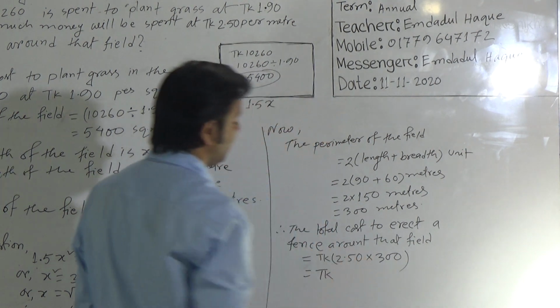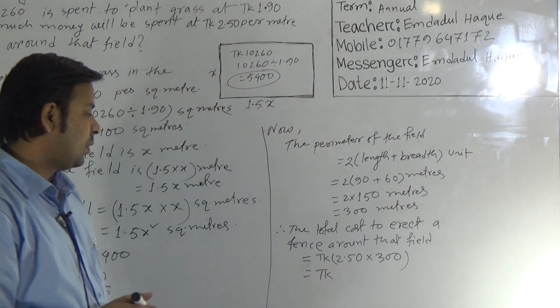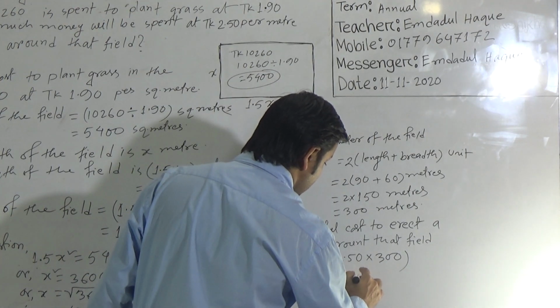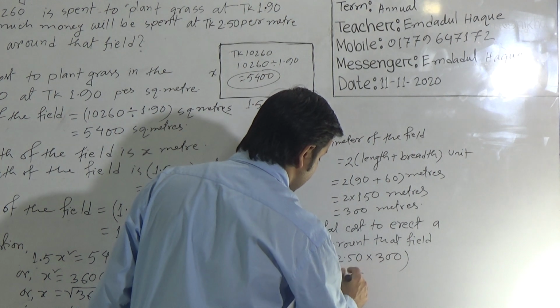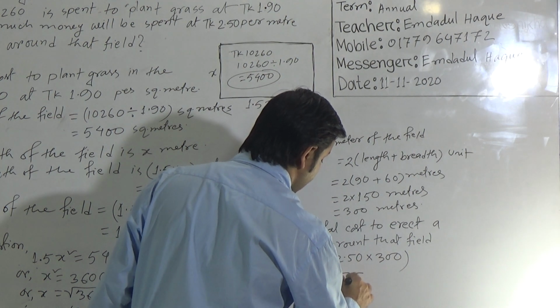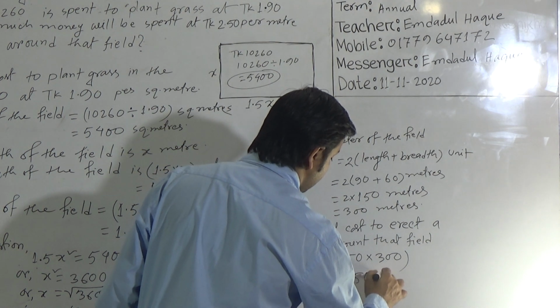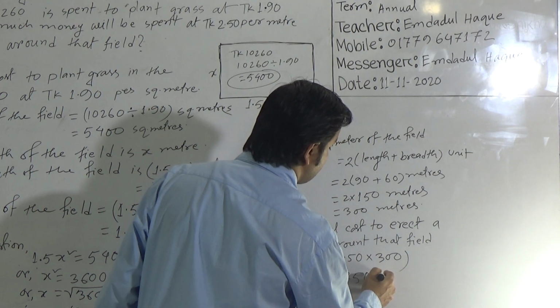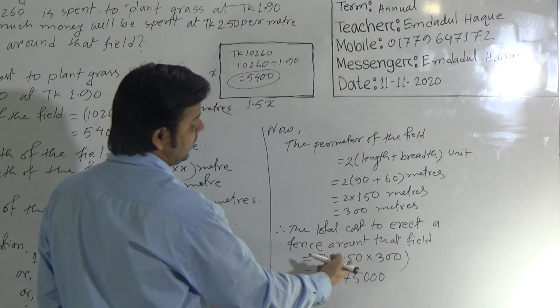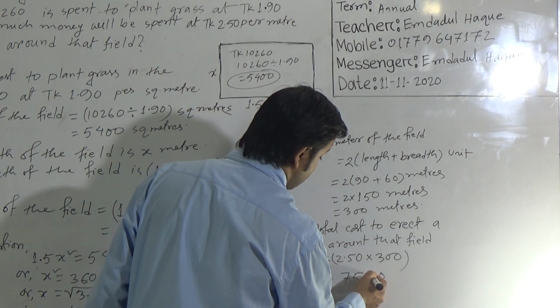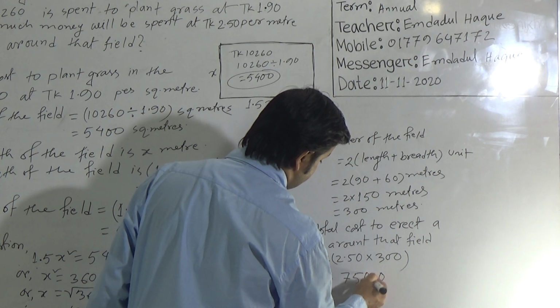So if we multiply this, we will get 3 5s are 15, 3 2s are 6 and 1, that is 7. Now here is 0, here is 0. So 3 0 we have to write here. Now we have to put the decimal. After the decimal, here are 2 digits. So we have to put the decimal, just 2 digits left.